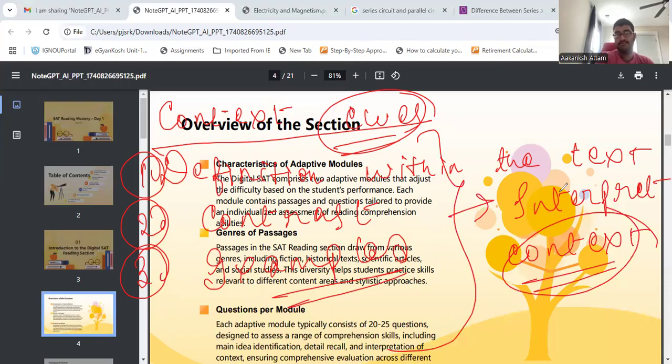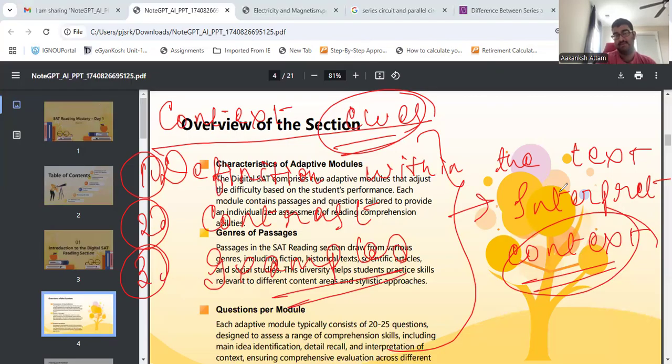Number one was definition within the text. What's number two and three?